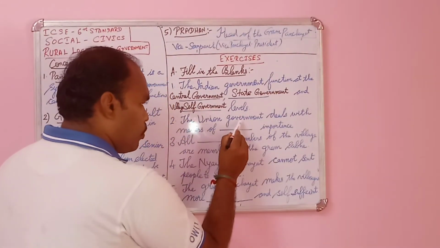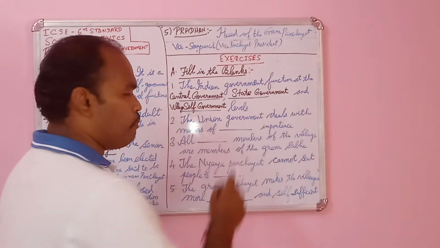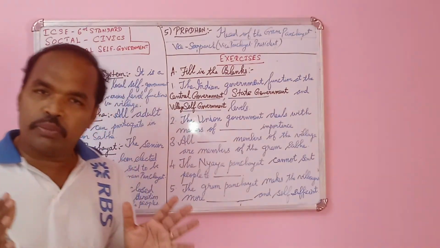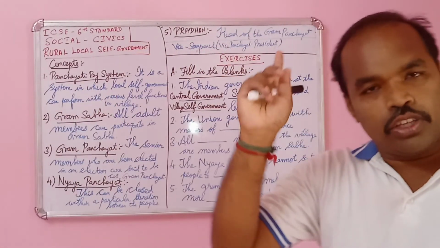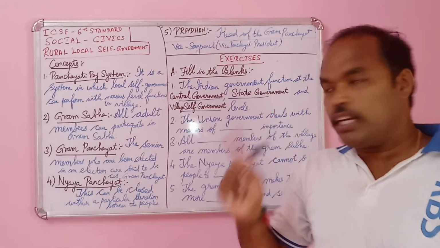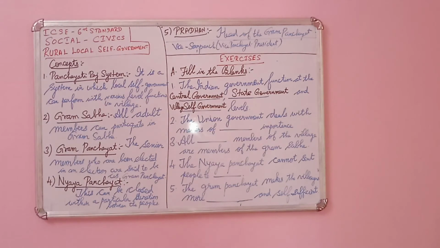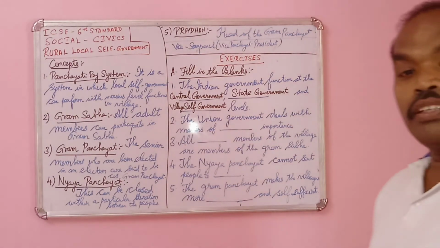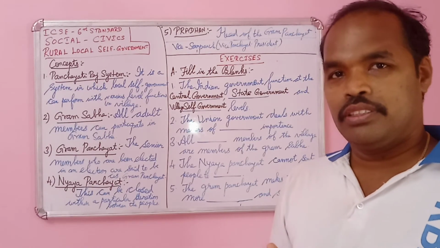The union government deals with matters of dash importance. Union government means what? It is the central government. The entire country will be managed by the union government. How many states are there in India? Please tell me whether it is 29 or 30. Correctly you need to say.